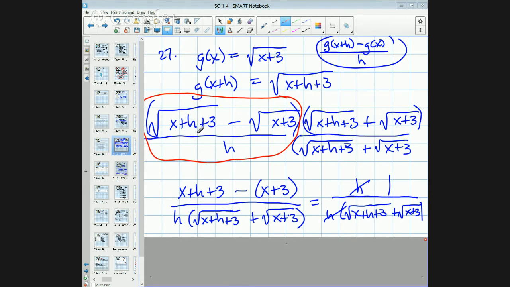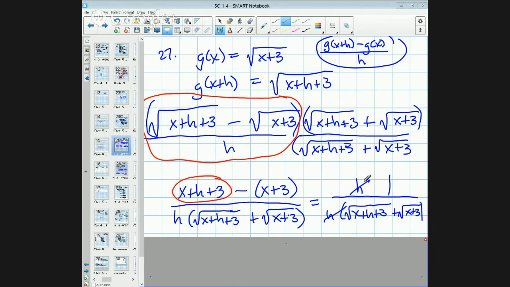And when you take this times itself, you get this guy without any square root minus this guy without any square root. Well, that's beautiful because, all right, what's x minus x? No x. What's 3 minus 3? No 3. What's the only thing left on top? h.